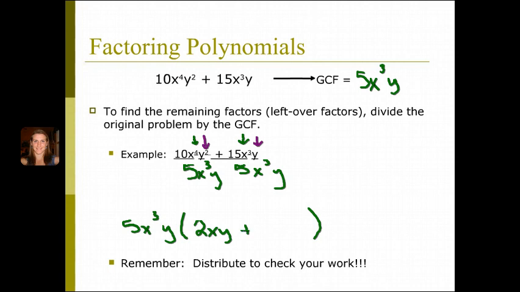And then if you notice in our second term, 15 divided by 5 is 3, but our x's cancel and our y's cancel. So our final answer is written 5x cubed y times the quantity 2xy plus 3. If you're not sure if you did this correctly, you can always distribute to check your work.